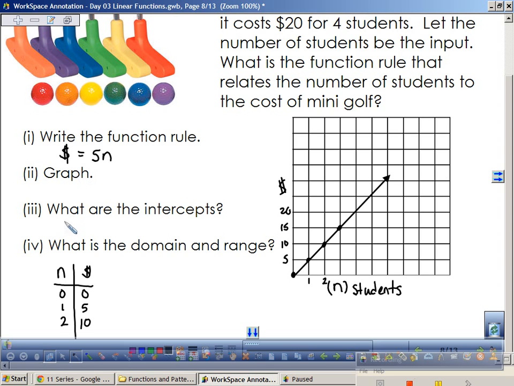We graphed it. What are the intercepts? 0, 0. What's the domain? 0 to infinity. Good job. What's the range? 0. Because if it rains that day, nobody went golfing.